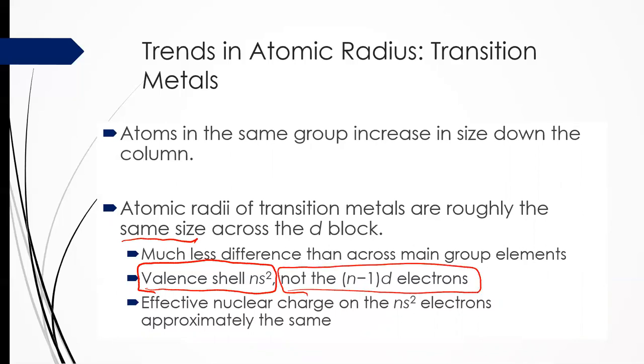So us adding more electrons into the d orbital doesn't really change our size so much. And so the effective nuclear charge of those s orbitals stays about the same all the way across the d block, because we add in one proton, but we also add in one electron into our core energy level.